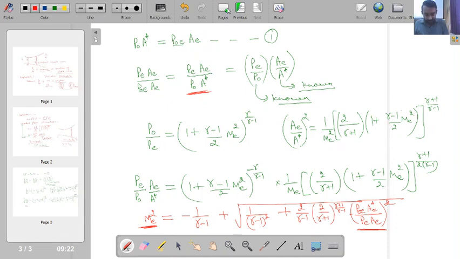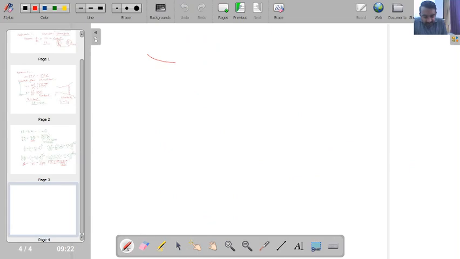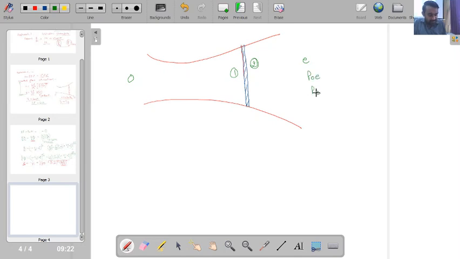Okay, now let's see the situation. Say this is your shock wave, and this is point O, this is point E, and this is point 1 and this is point 2. So here I will be having pressure POE and PE, and here say I have pressure P2 and PO2. Fine.